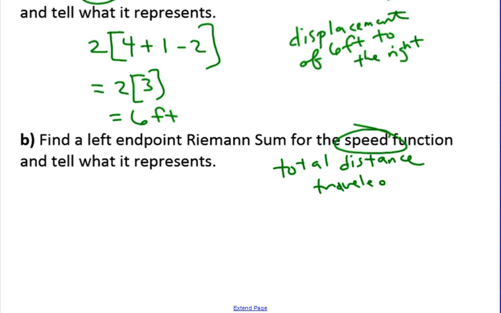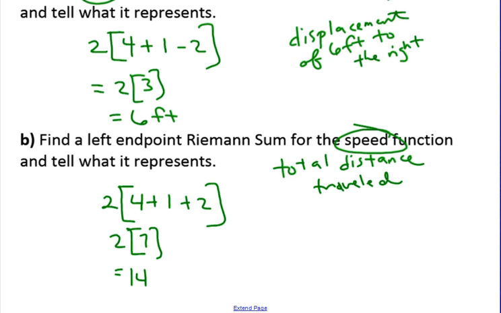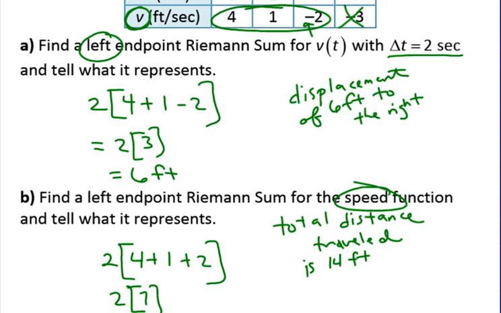So all you have to do for that is use the absolute value. So you have 2 times, 4 was positive, 1 was positive, and all you have to do is make 2 positive. So this is going to be 14 feet. So the total distance traveled is 14 feet.